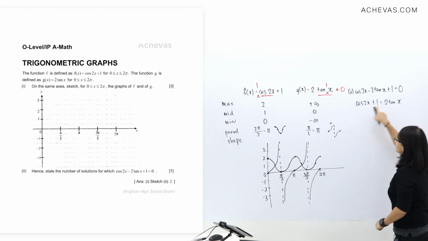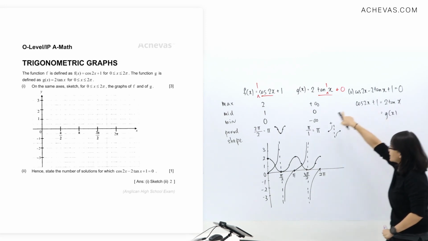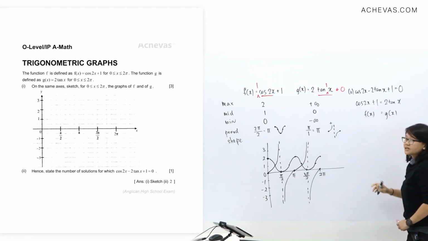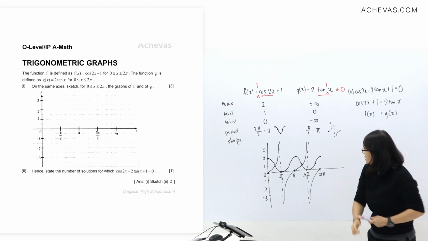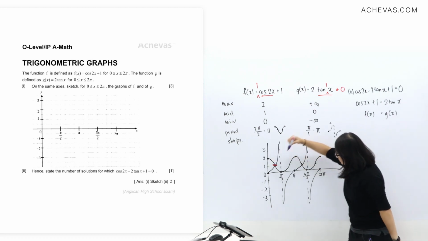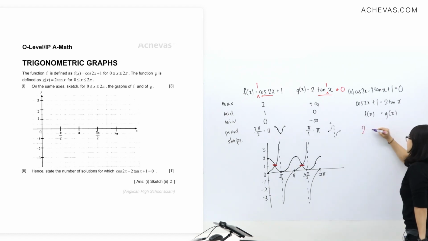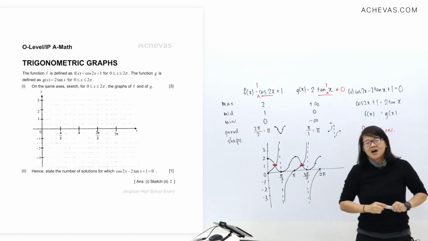So you will know 2 tangent x is the function g(x), and cos 2x plus 1 is f(x). Which means we're going to look at the points of intersection of these two graphs here. We have 1 intersection and 2 intersections. So this answer here is going to have 2 solutions. That's all for this question over here.